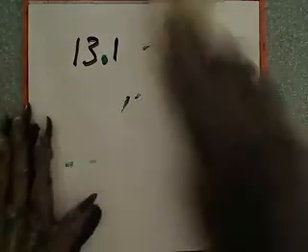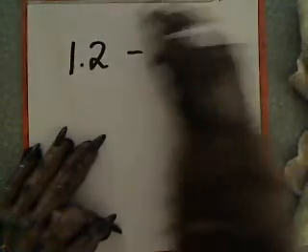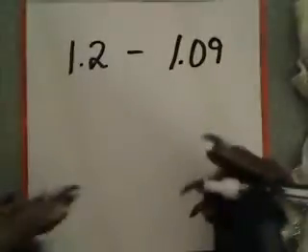I'll give you another one. Whole numbers I don't think you'll have a problem with. You just got to line up your decimals. But anytime you have decimal numbers, let's do 1.09 minus something. All right.